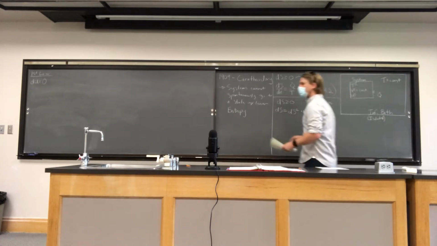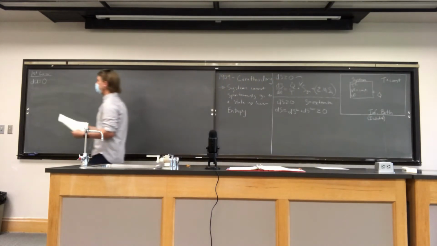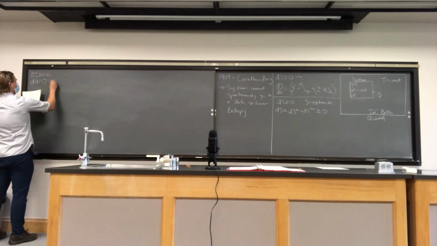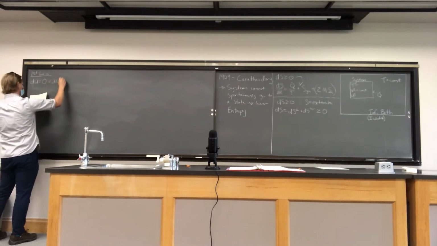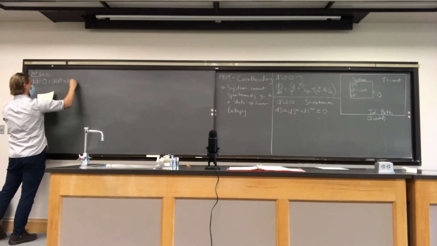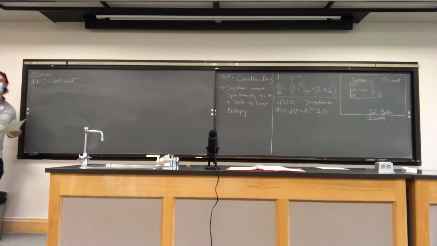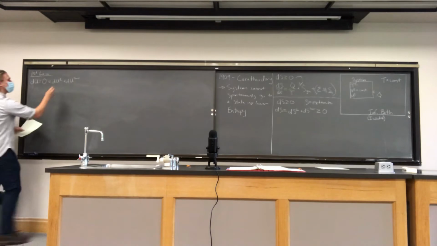The other way we can think about this is the law of conservation of energy stipulates that the total energy of the universe has to be constant. So the rate of change in the energy of the universe has to be constant as well. This corresponds to the change in internal energy of the system, and you add the change of the internal energy of the surroundings.